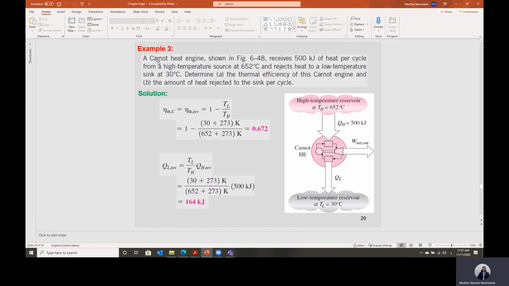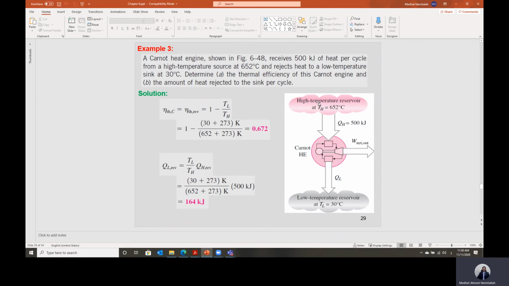Here we have a Carnot heat engine. A Carnot heat engine means the efficiency is maximum, and we can express this efficiency as a function of temperature. He said this heat engine receives 500 kilojoules of heat from a source at 625 degrees C. So this is T high.